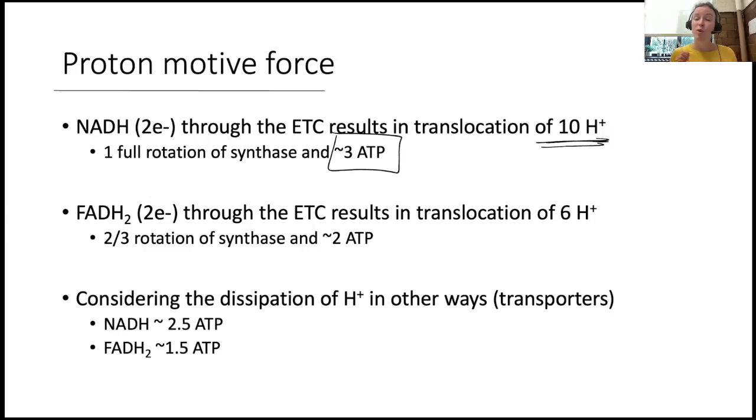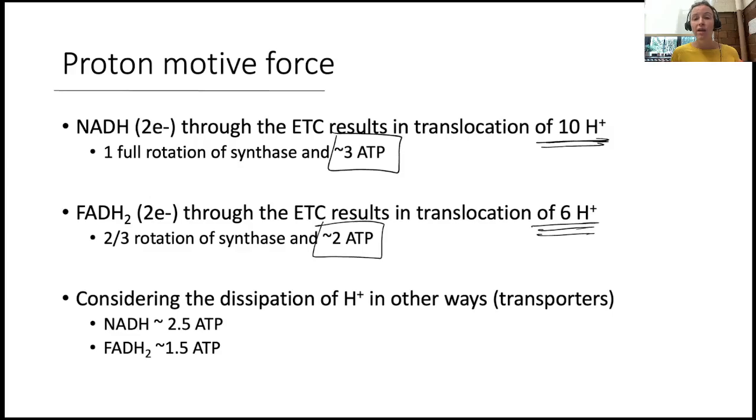FADH2, due to how its electrons move through the electron transport chain, only results in the production of about 6 protons, okay? This gives us about 2/3 of a rotation of the ATP synthase and about 2 ATP synthesized per FADH2. Now, what we didn't see together in this class is that the proton gradient is used for more than just the rotation of the ATP synthase.